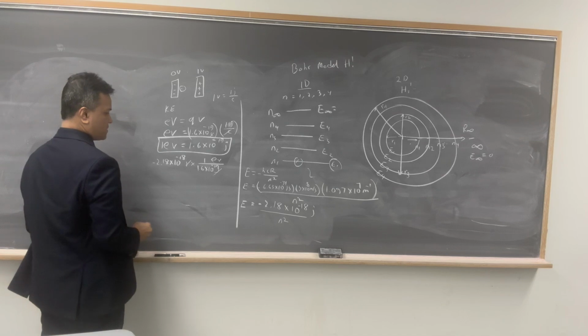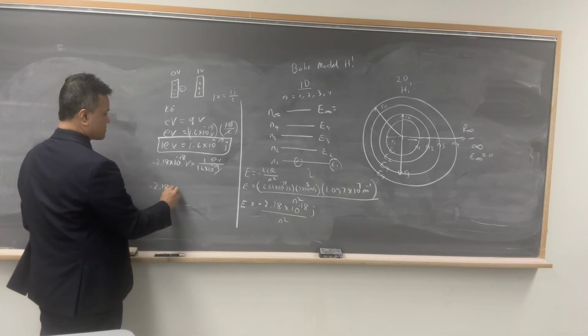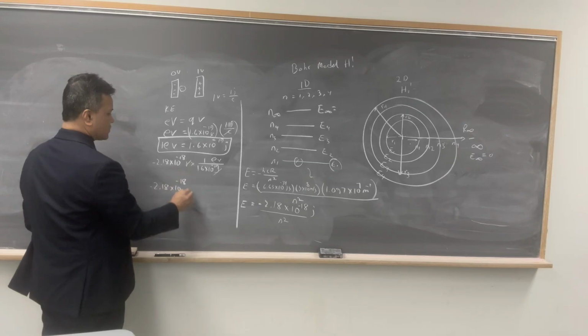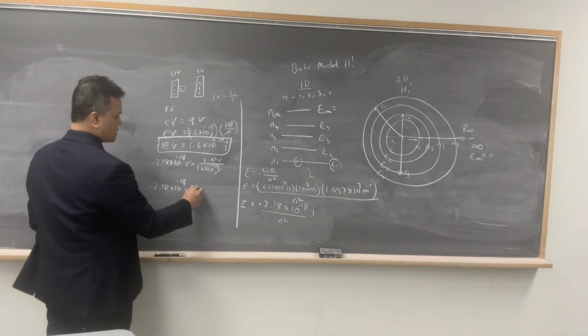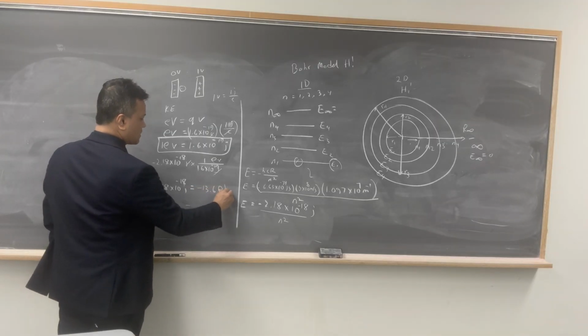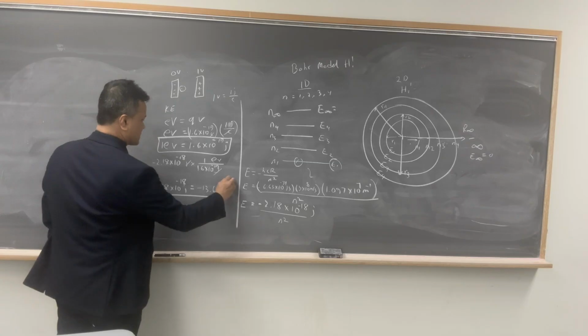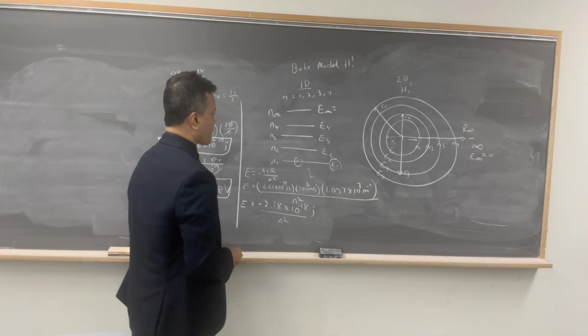So negative 2.18 times 10 raised to negative 18 joule is equal to negative 13.6 electron volt. They are the same statement. Very nice, we are making progress.